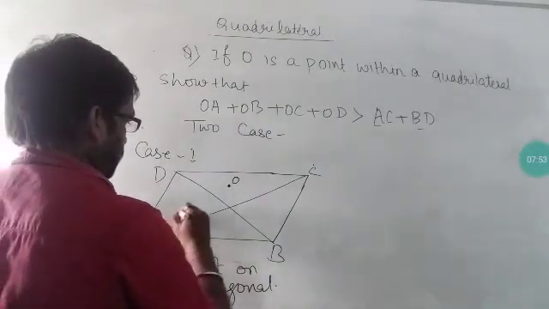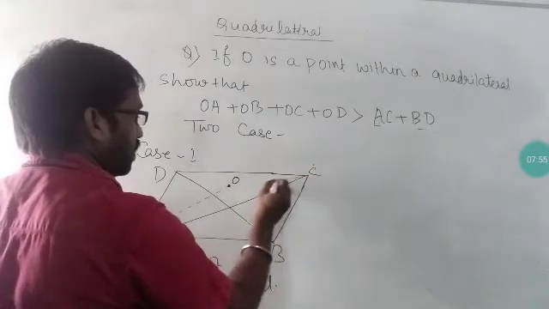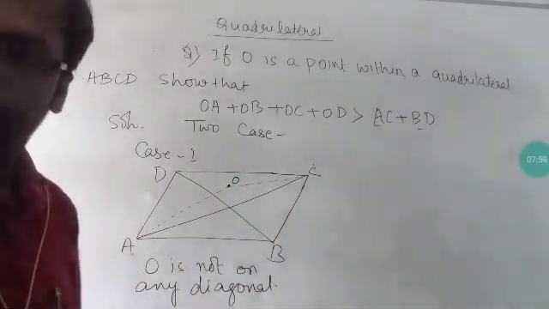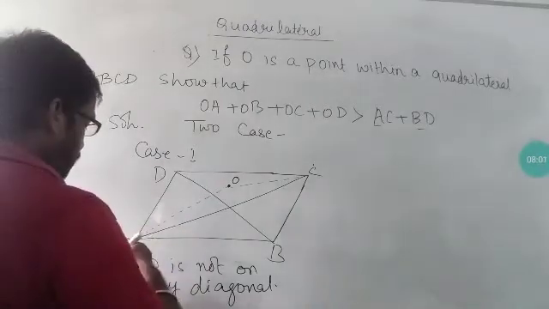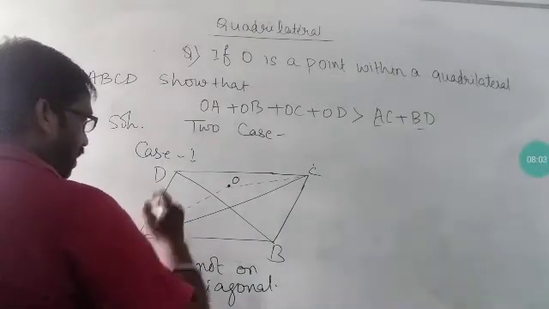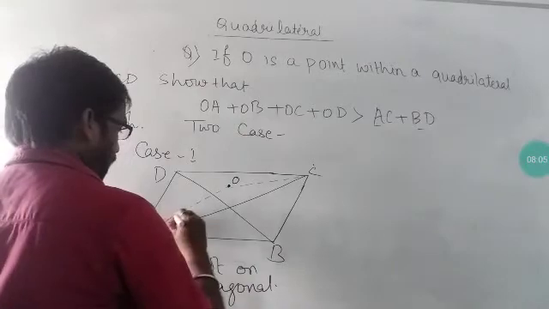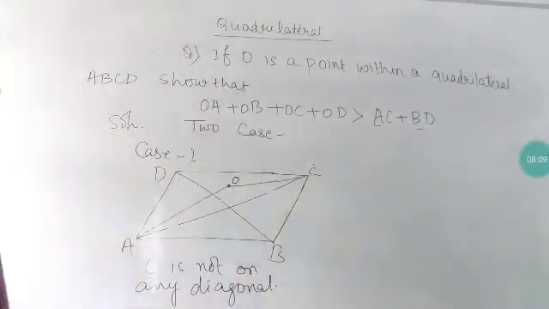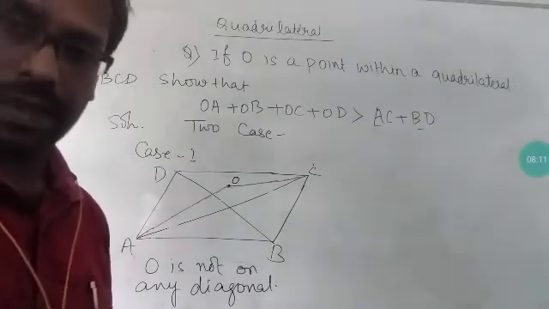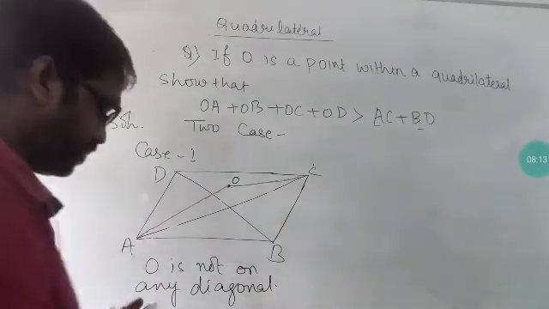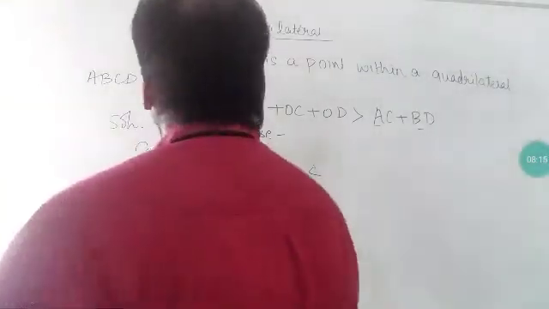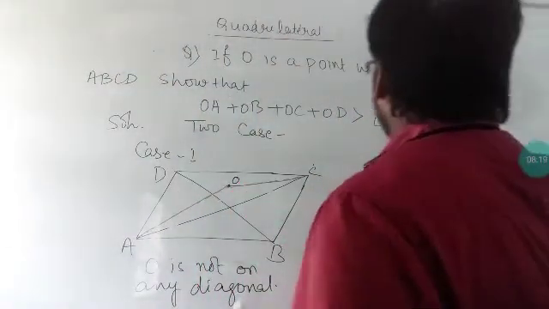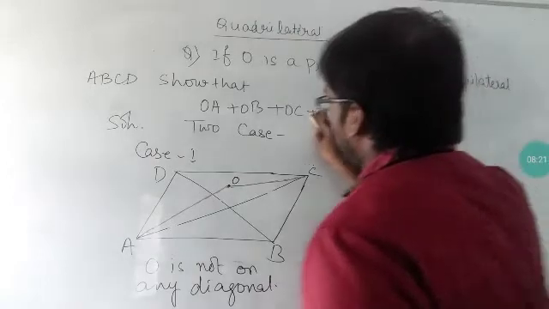So we'll join this point O to A and C. Now see, one triangle has been formed, triangle AOC. Now it's quite clear. So now we are going to use that property of triangle.